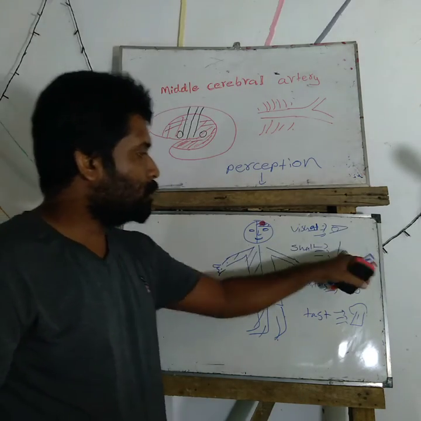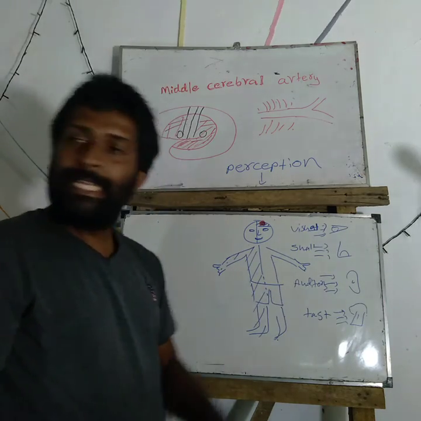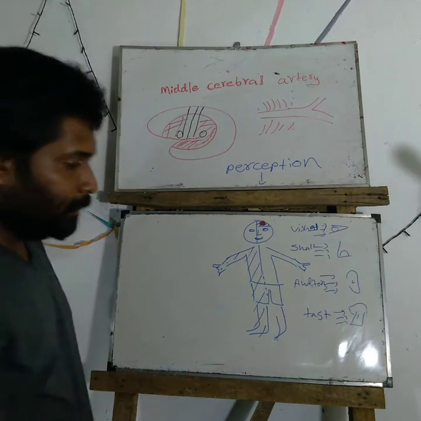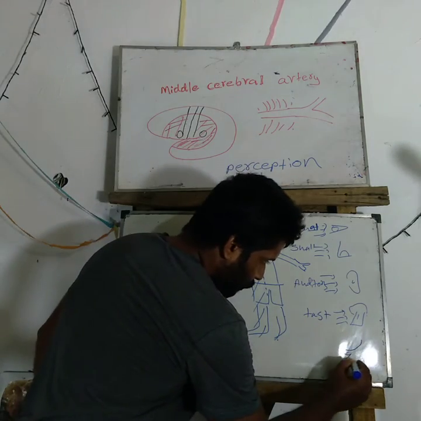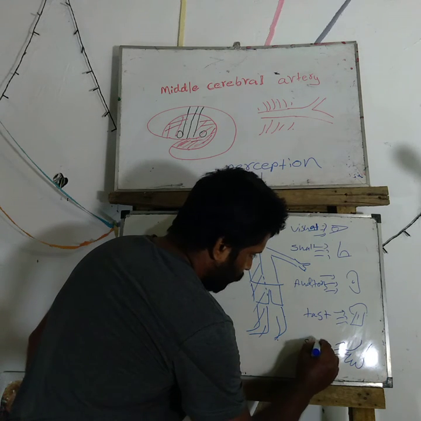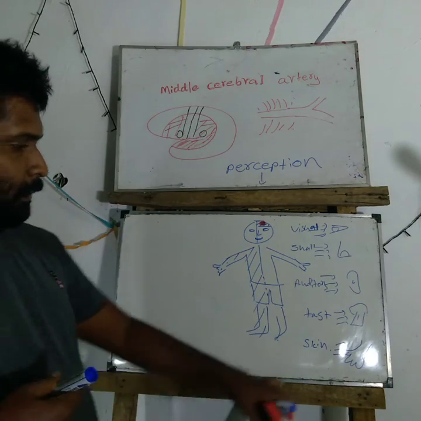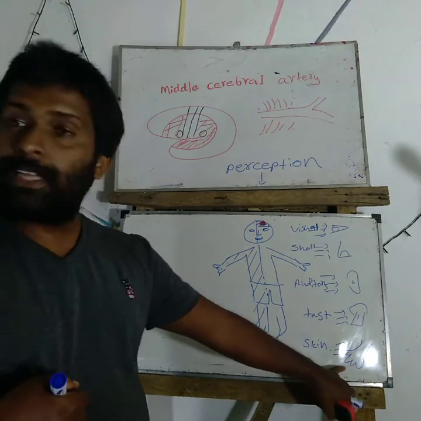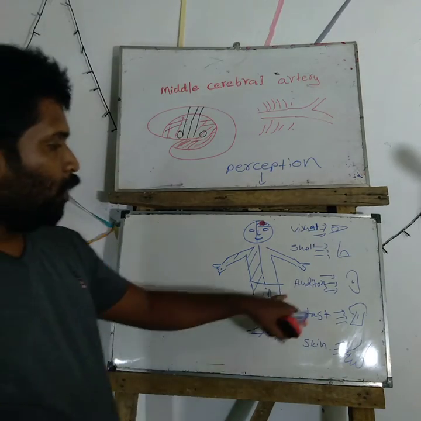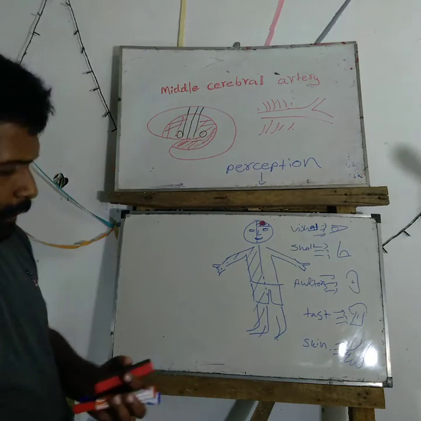Visual, smell: eye, nose, ear, and tongue for taste, and skin. This is the skin, tactile sensation, taste sensation, auditory, smell, and visual.